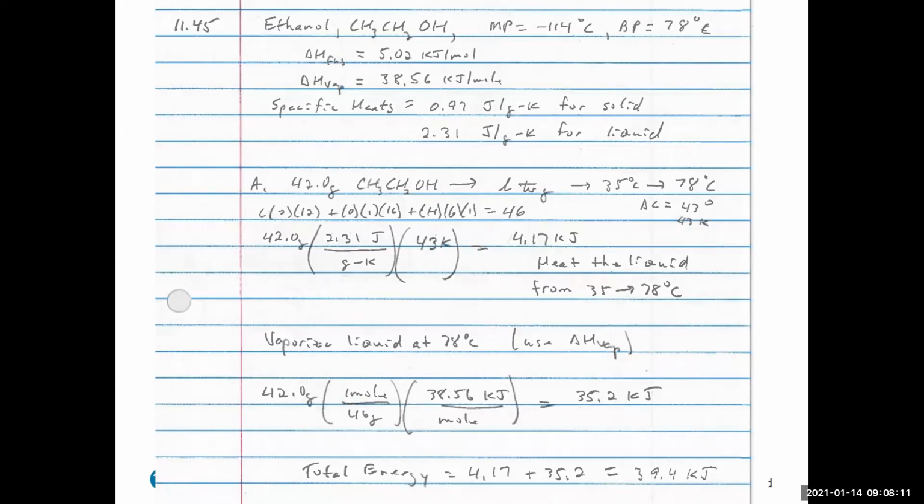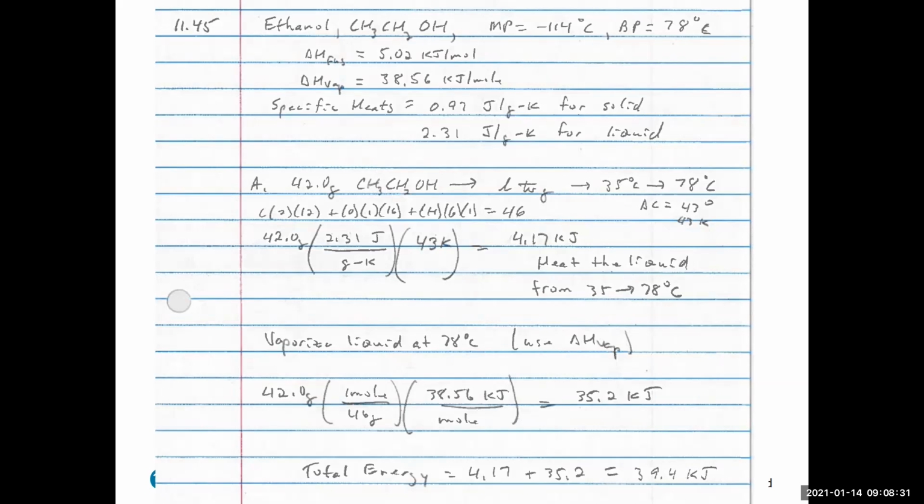It also tells us the specific heats of solid ethanol and liquid ethanol. Solid is 0.97 joules per gram Kelvin, and liquid is 2.3 joules per gram Kelvin.